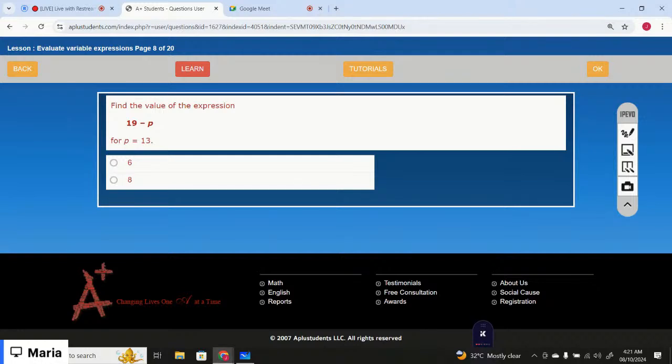Yes, that is 19 minus 13 is 6. So option number 1 is the correct option.